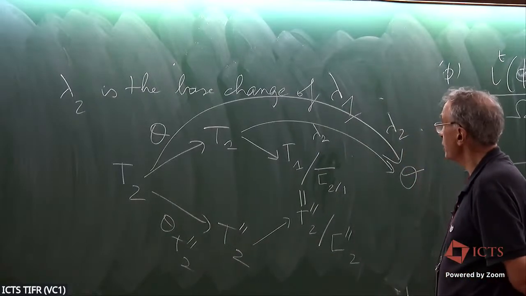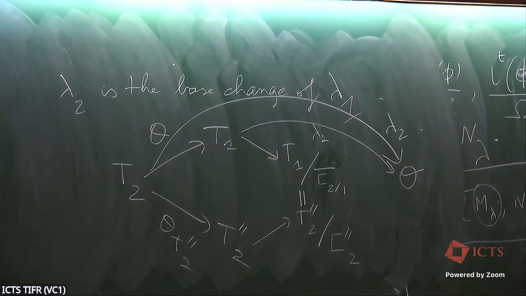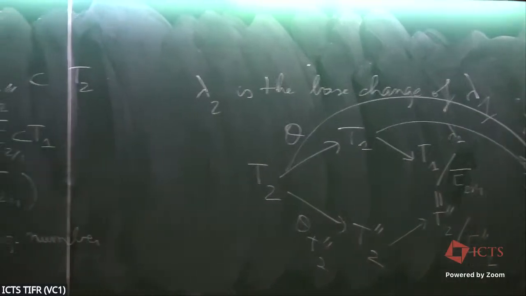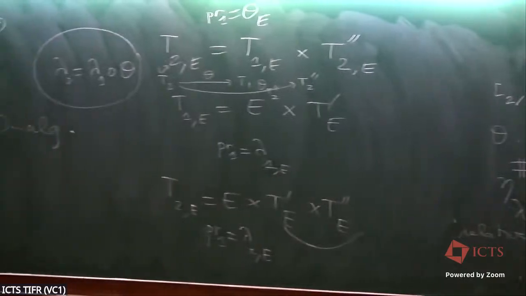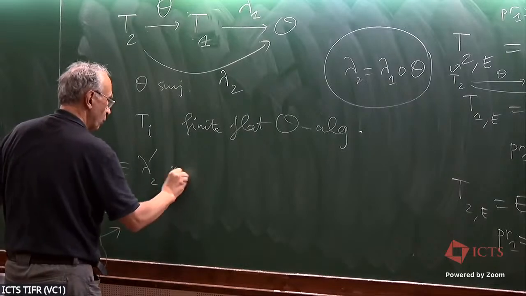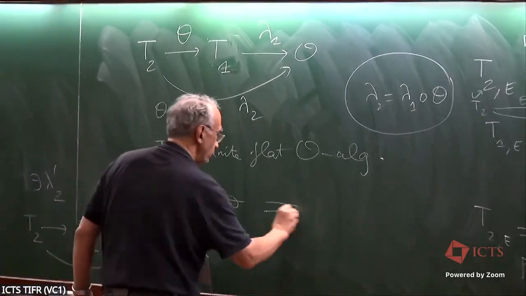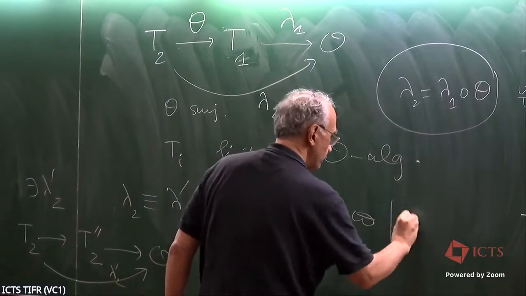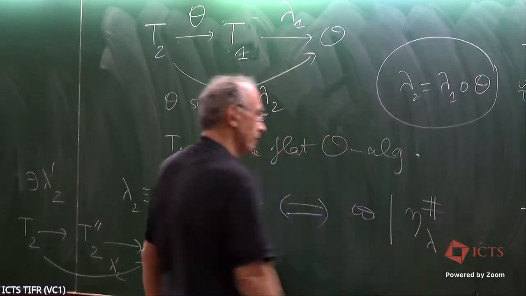And the answer is that there exists lambda prime 2, which factors through T double prime 2, which is congruent to lambda 2 modulo pi, if and only if pi divides the relative congruence number.